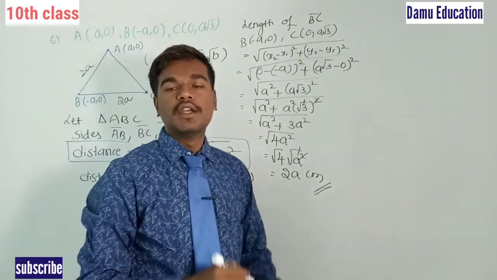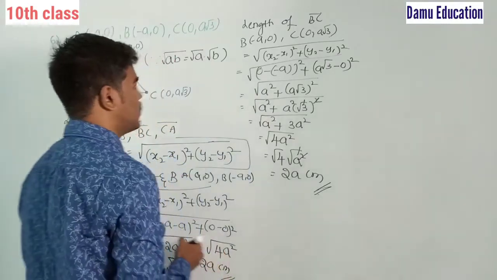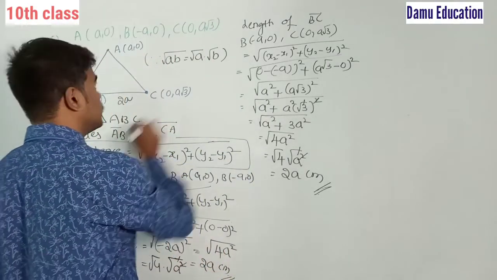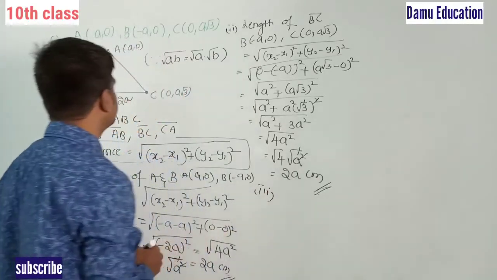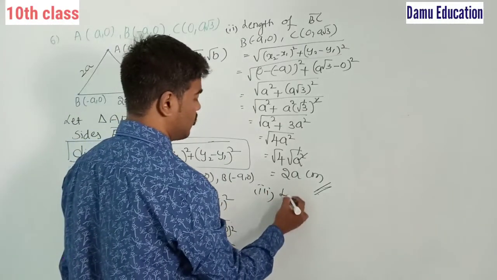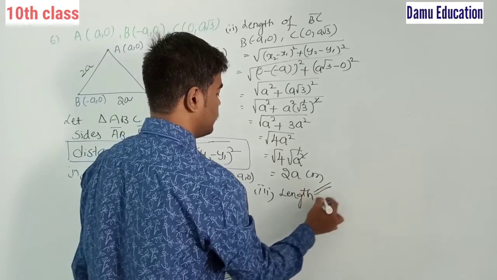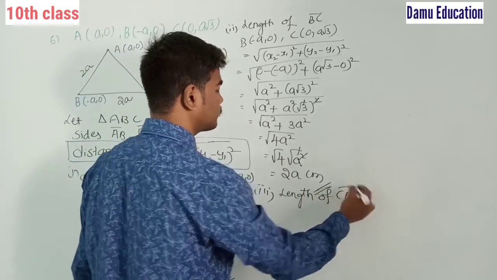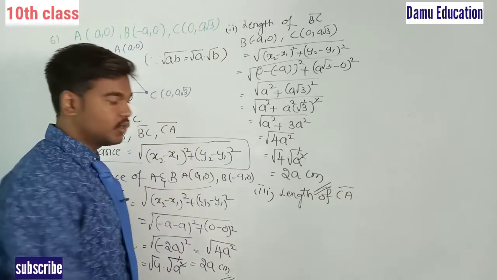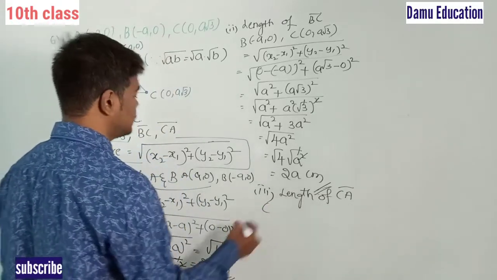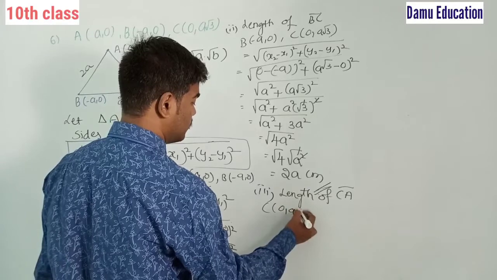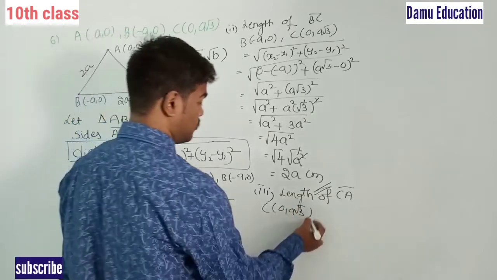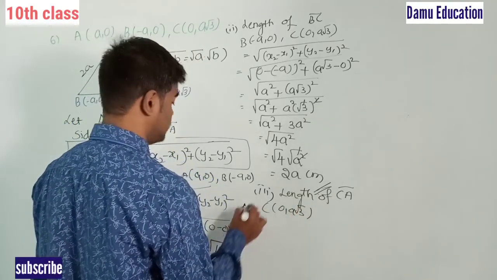Next one, we need to calculate the final one. So this is the first, second, third. The third one is CA, the length of CA. What are the coordinates? C is (0, a root 3) and A is (a, 0).